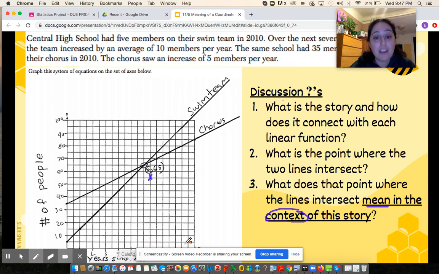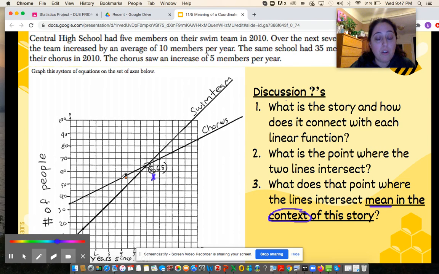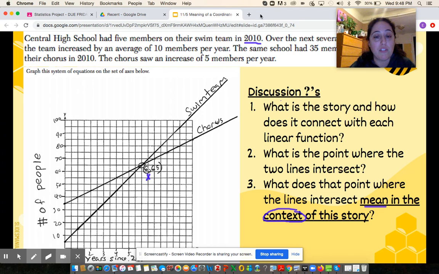And so I look, the X value is, let's see if I can move, no. Okay, so I think that this says years since 2010, I'm assuming. So I can't really see that because it's behind all of the lovely stuff that allows me to make this video. All right, so I think that says years since 2010, right? So this would be 6 years past 2010, right?